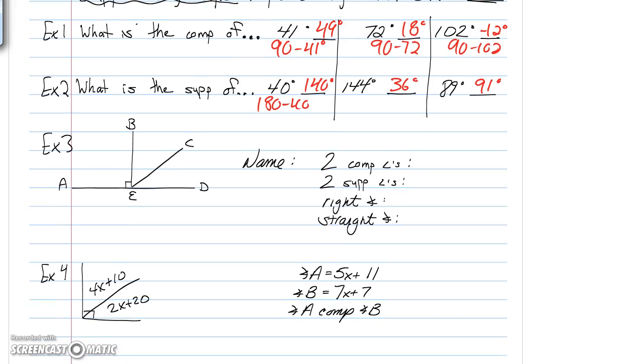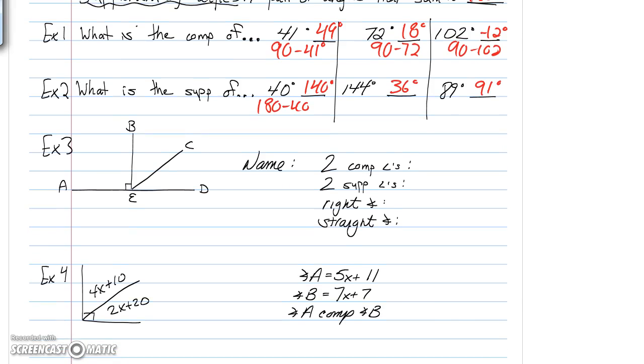Example 3. Name two complementary angles. Okay, so that'd be a pair of angles. For example, if you look at angle BEC and CED, those form 90 degrees. So angle BEC and angle CED.